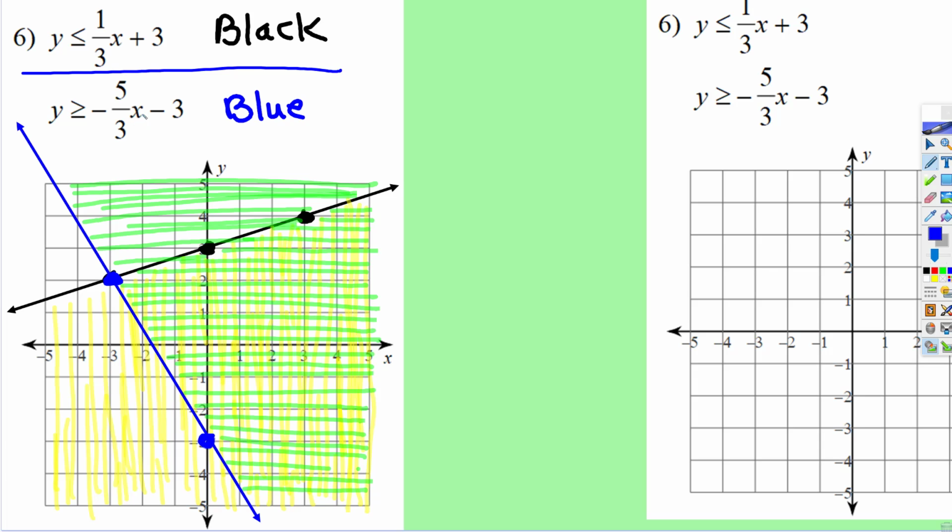Then I graphed the blue line. Remember, the blue line was right here, and I had to go up 5, back 3, drew that line, and then this said y is greater than. So everywhere above this line, it really looks more to the right. So I just shaded everywhere to the right.